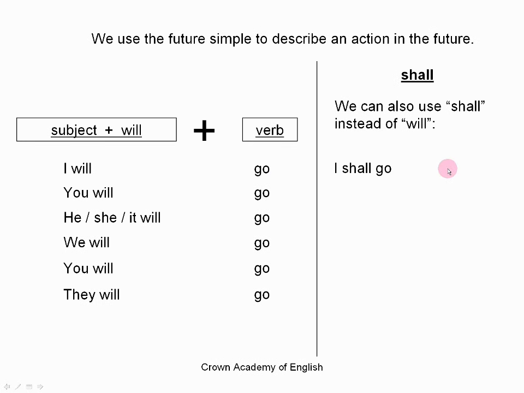It is the same. So you shall go, etc. However, the word shall is used more in British English, and we don't really use it much in American English. Okay, so that is important.